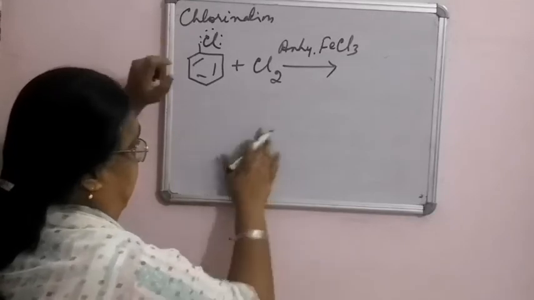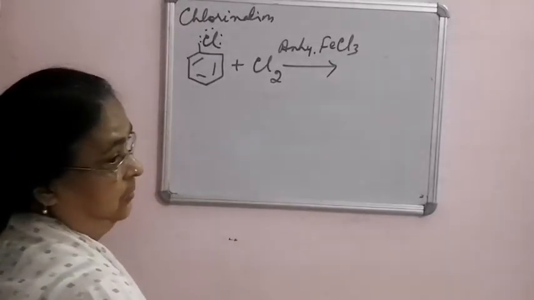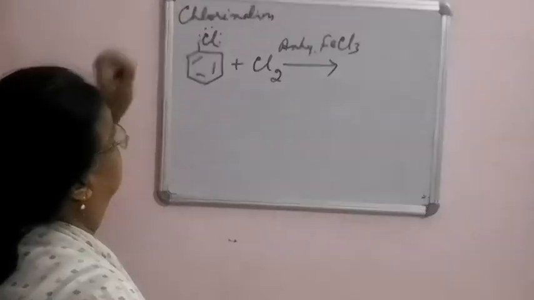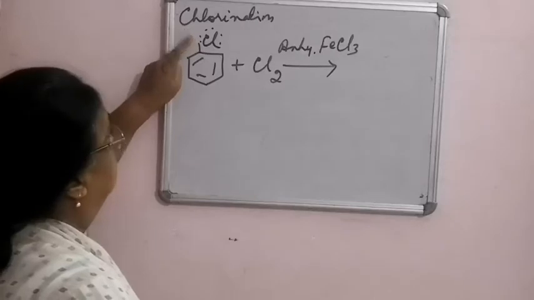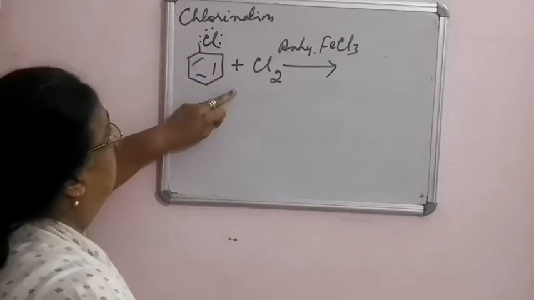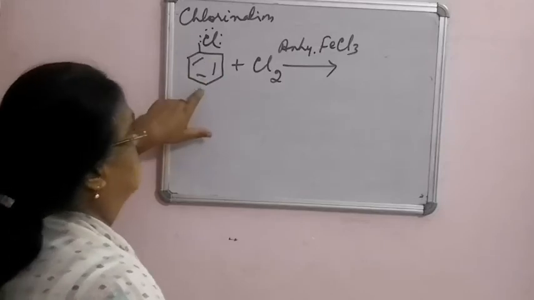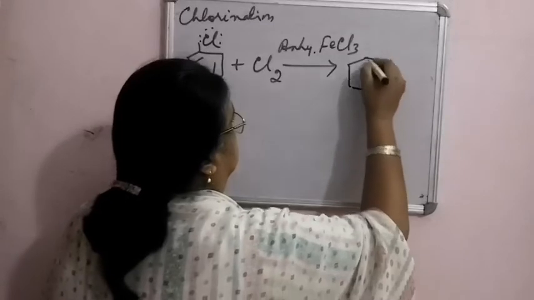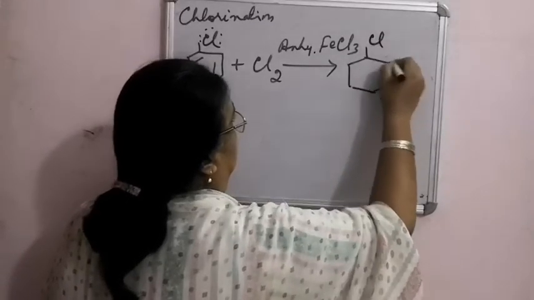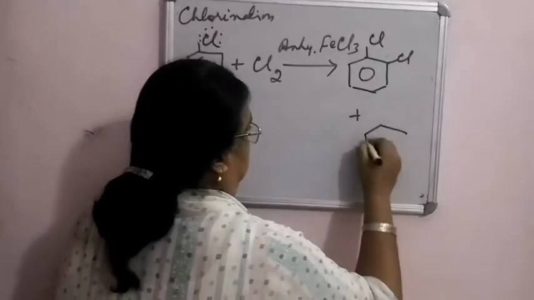I will not redraw it, you can look back at the 11th portion mechanism. So this chloro group is ortho-para directing, meaning the next coming group will go to the ortho and para positions. So we get two products, orthochloro and parachloro.